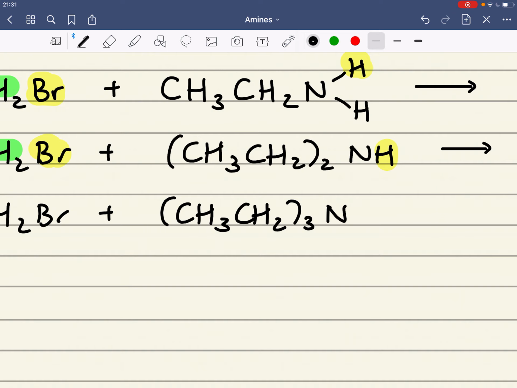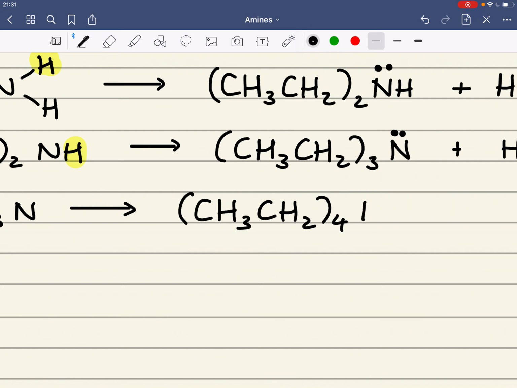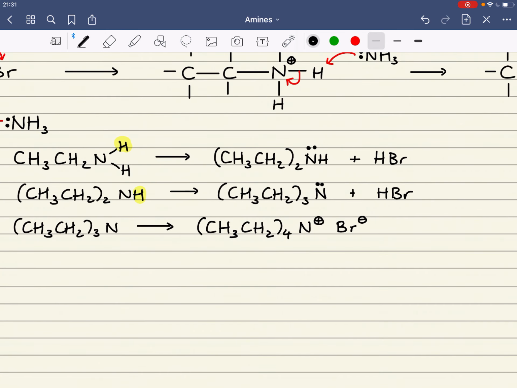And we get a quaternary ammonium salt. The reaction now stops because the nitrogen has no lone pair. And we get this. This is the quaternary ammonium salt, and the bromine now is my counter ion. And I just have one product.